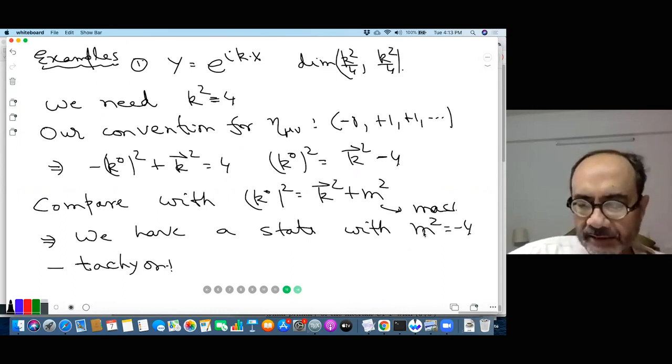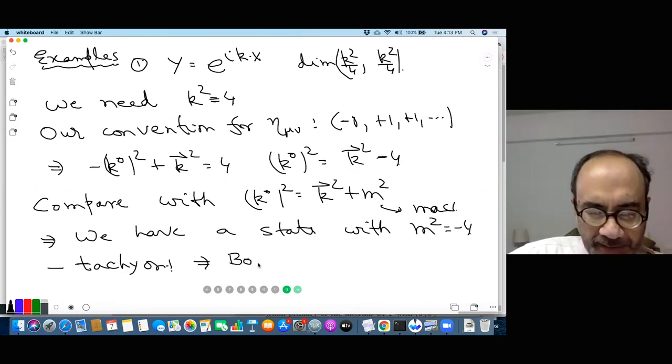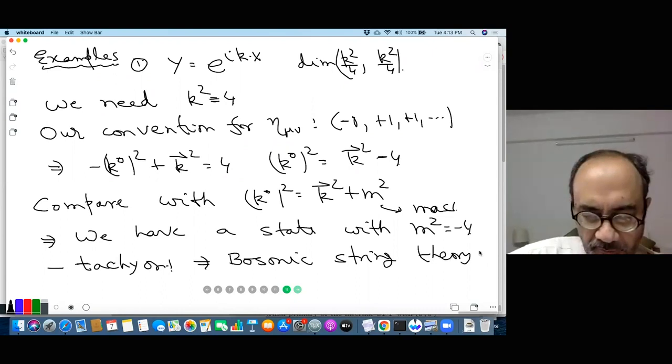So clearly this is not something physical, and because of this m square equal to -4, the bosonic string theory is not fully consistent.